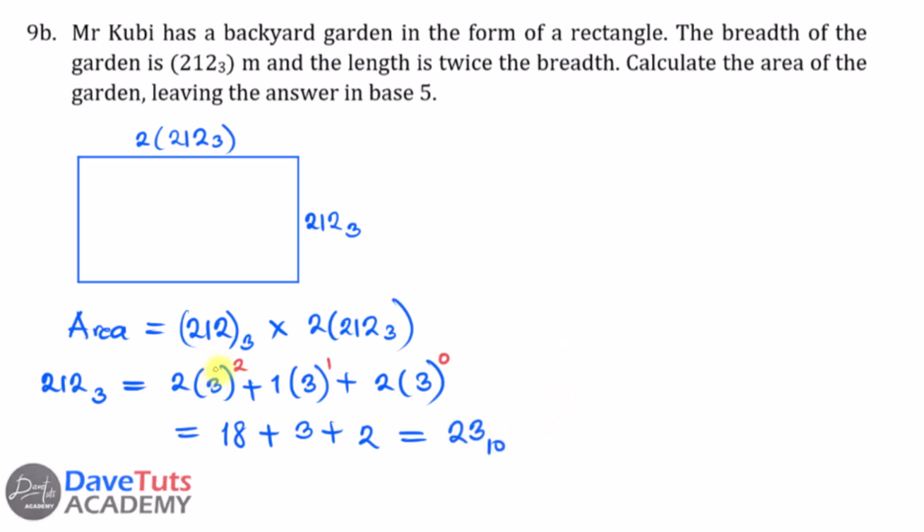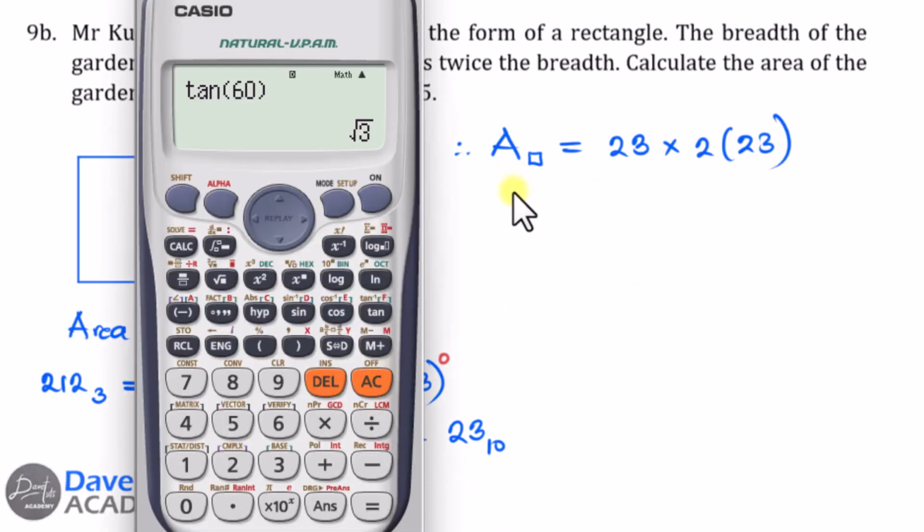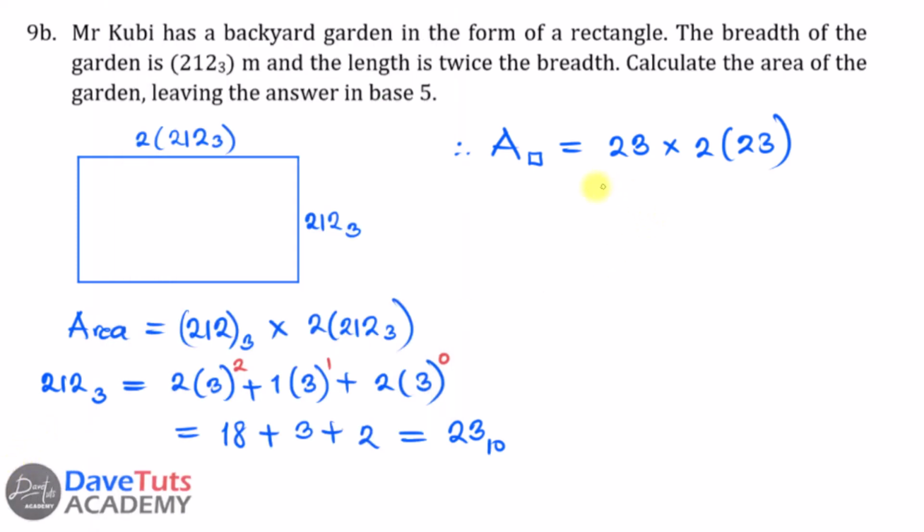Therefore the area of this rectangle is going to be 23, which is in base 10, multiplied by 2 times 23, because this is the breadth and the length is 2 times the breadth. Let's use our calculator now: 23 times 46 is 1058 meter square.